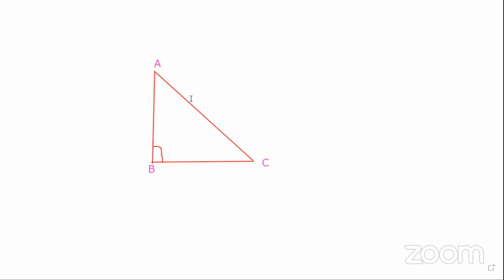This is called the hypotenuse, and we have two angles here, angle A and angle C, because B is already 90 degrees. So we have only two options for trigonometry: either we see things from A, or from C.